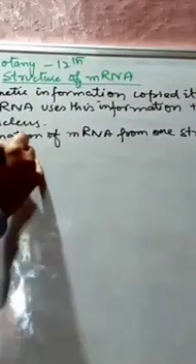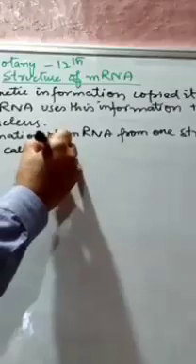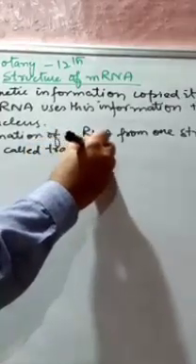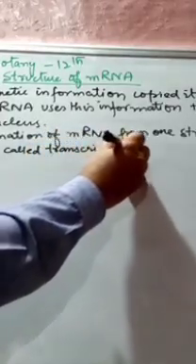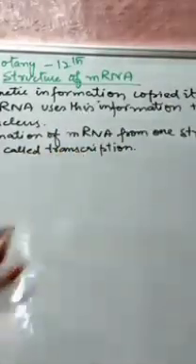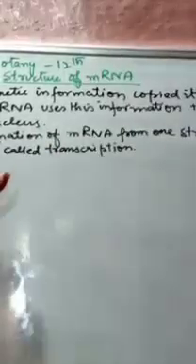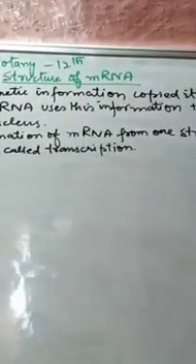The formation of mRNA from one strand of this DNA, this process is called transcription. So we will see this transcription, that the formation of mRNA from one strand of DNA, because DNA is double stranded, is called as transcription.